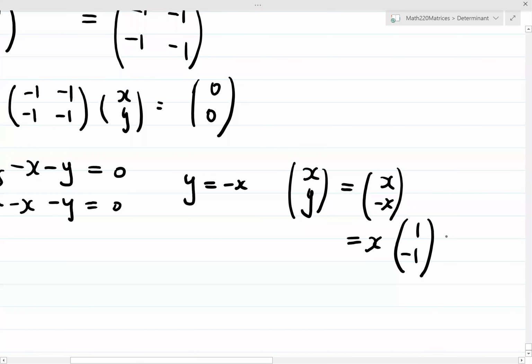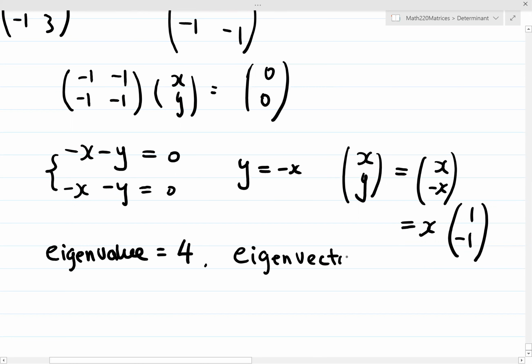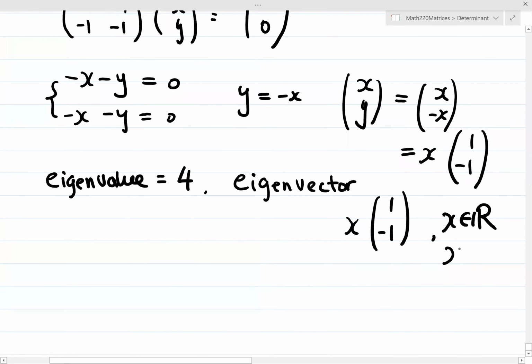So in this case the eigenvalue is 4, and the corresponding eigenvector will be x multiple of (1, negative 1), where x is any non-zero real number. Then we are done for this example.